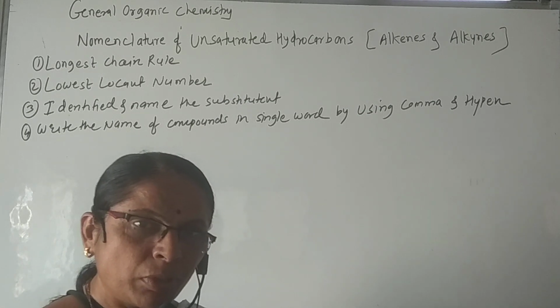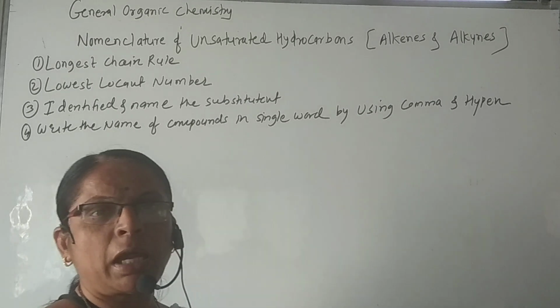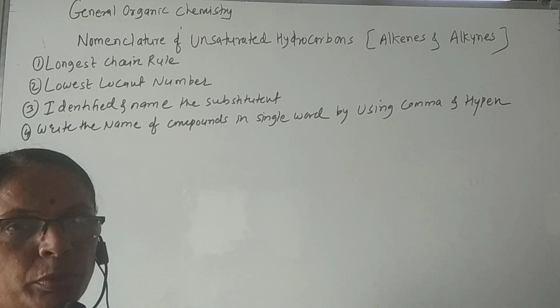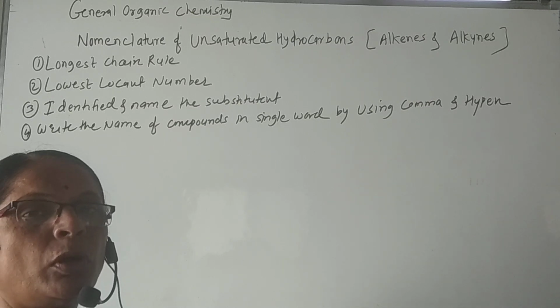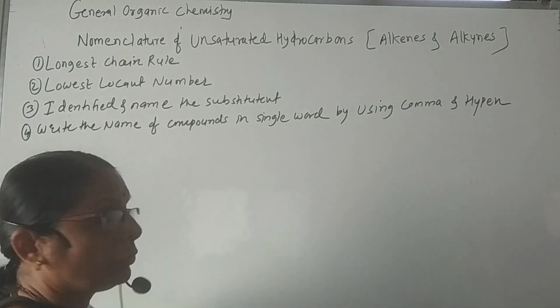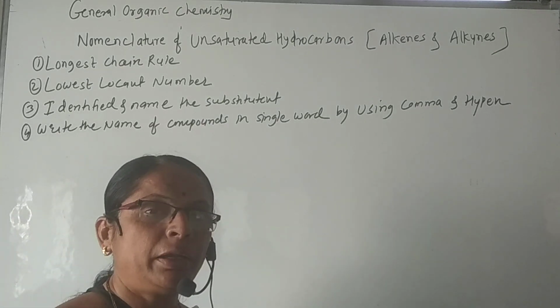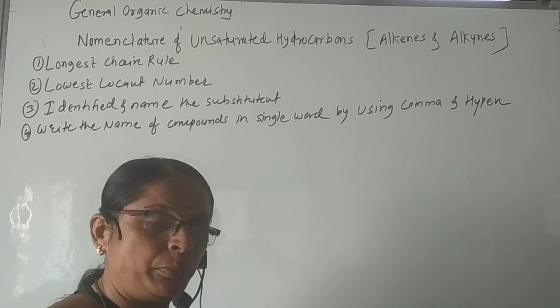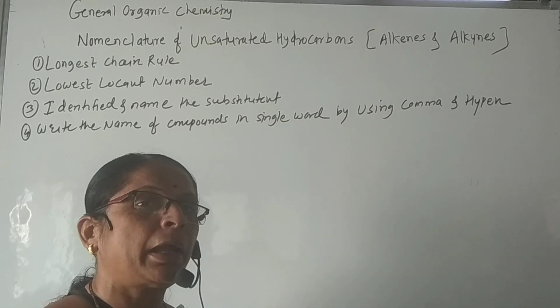We give the number to the chain in such a way that the branched groups or alkyl groups get the least possible number. Then we consider what the alkyl groups are. If the alkyl groups are the same, then we use the prefix di, tri, tetra.